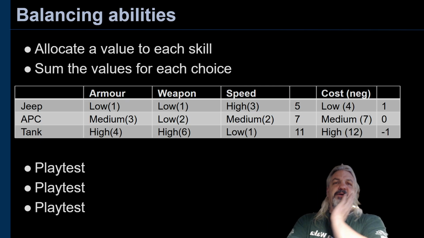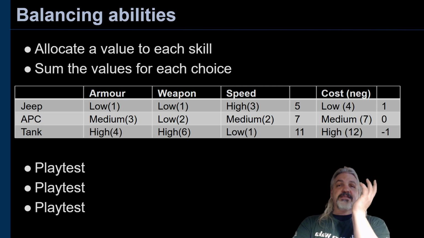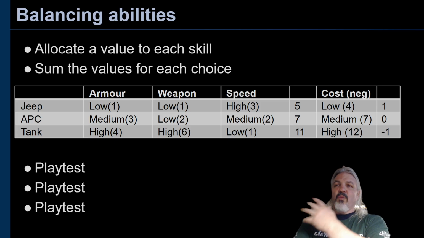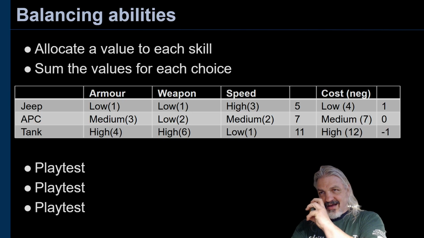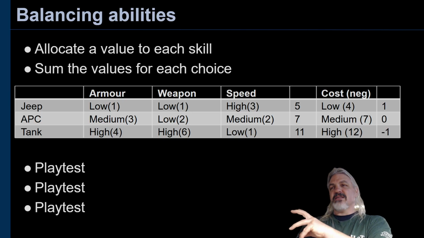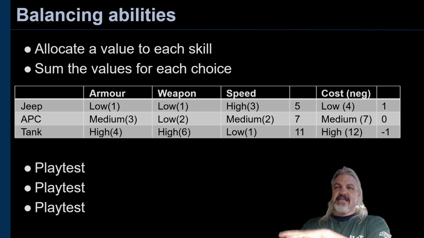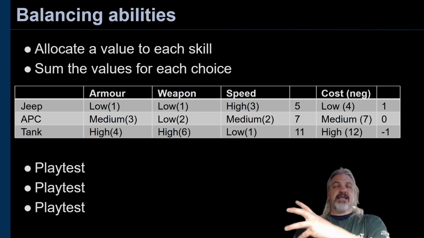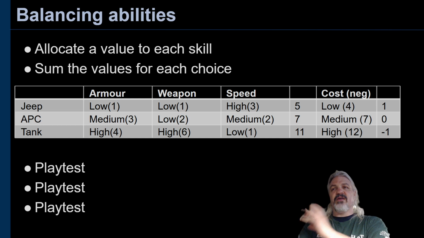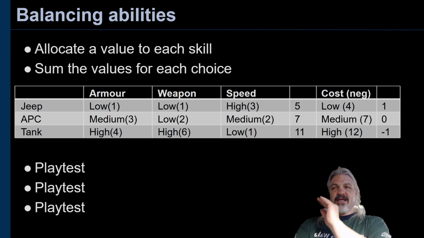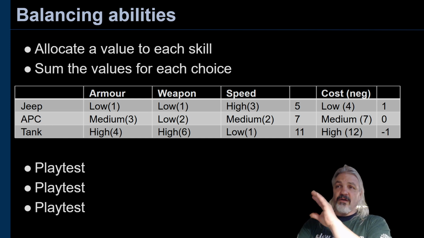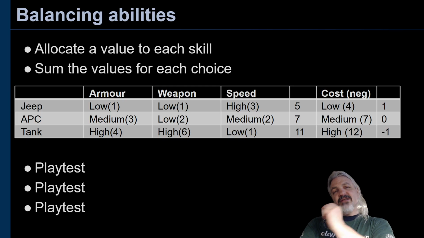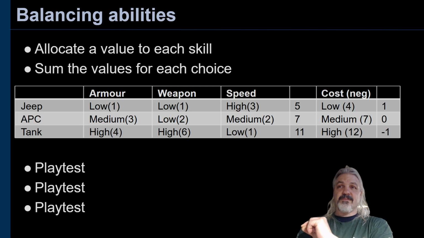Another way of setting up balance is using spreadsheets, and here we can set up this idea of how valuable something is. So if we have jeeps, APCs and tanks, a fairly standard thing to do in games is you create a spreadsheet of those, and you estimate the quality, that might be a word like low, medium and high, and then you give that an estimated number of how important it is.